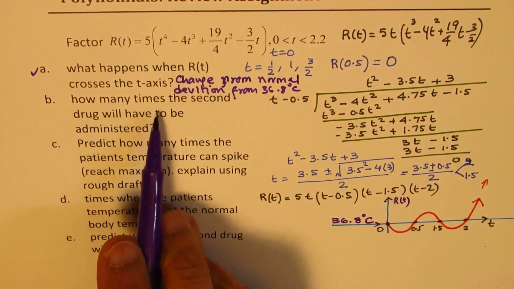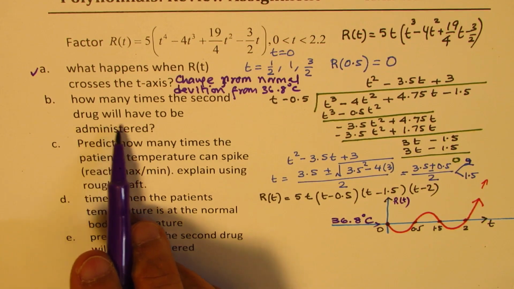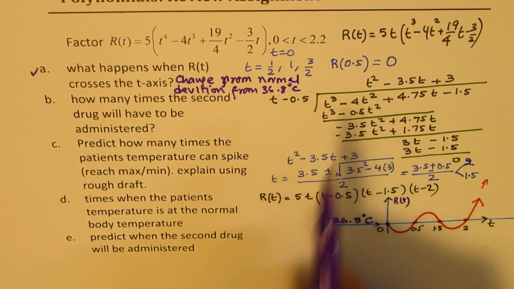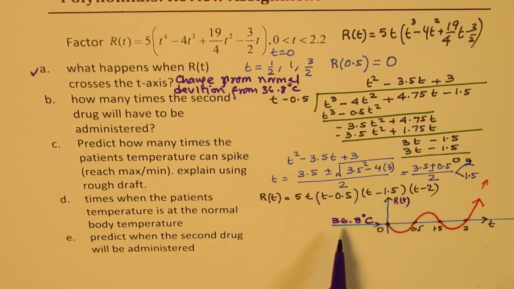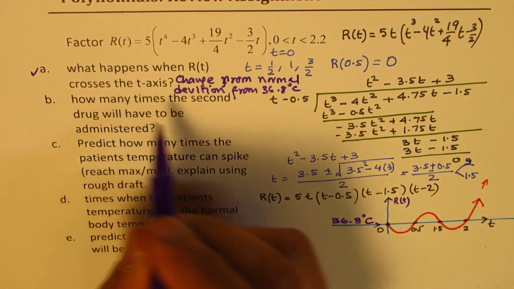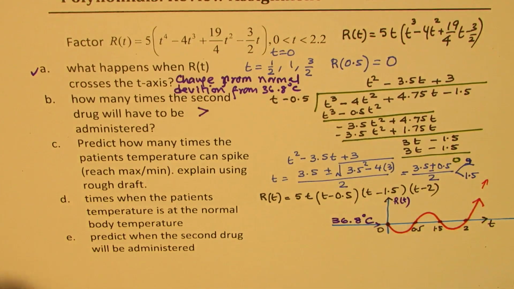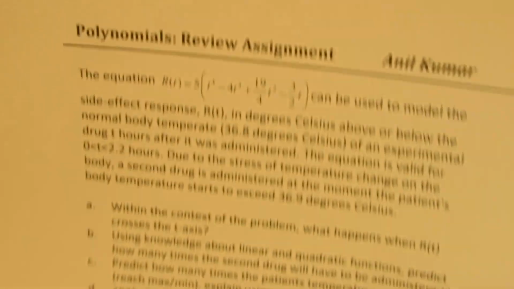Second part. How many times will the second drug have to be administered? Now, the second drug has to be administered if the temperature is 0.1 degrees above normal, right? So, let's read the question where it was. Okay, so here it is.